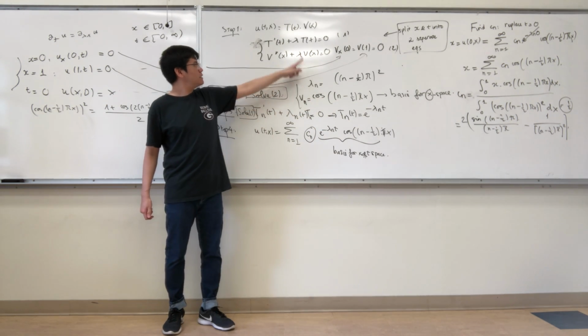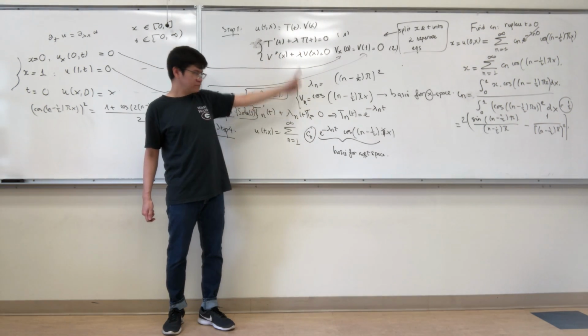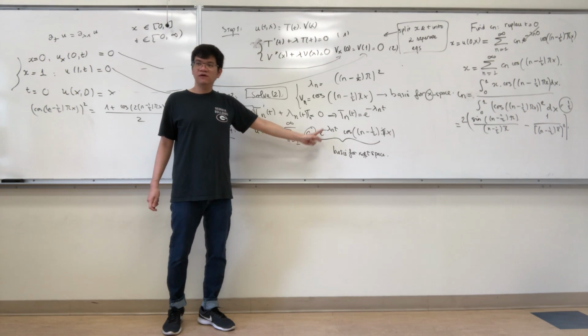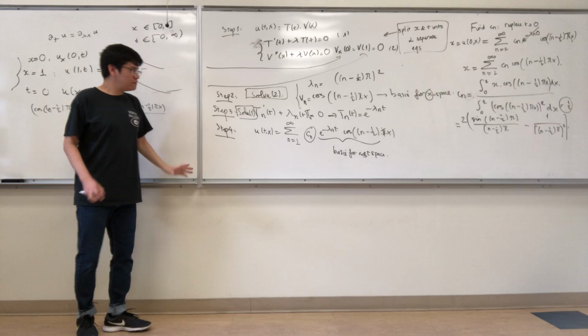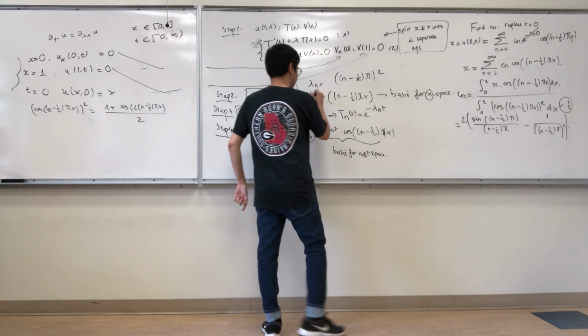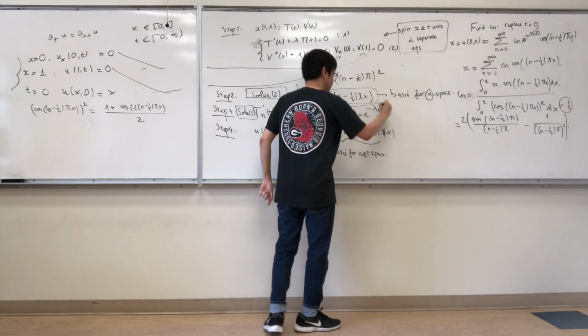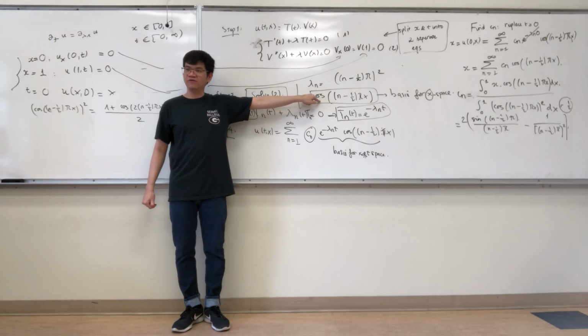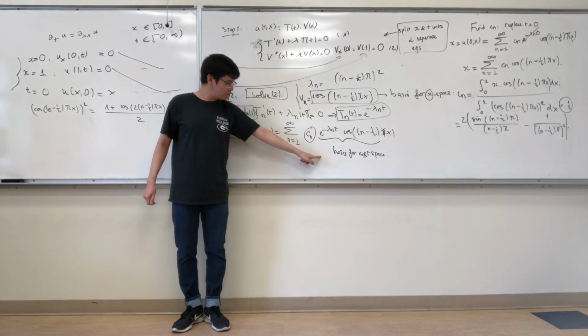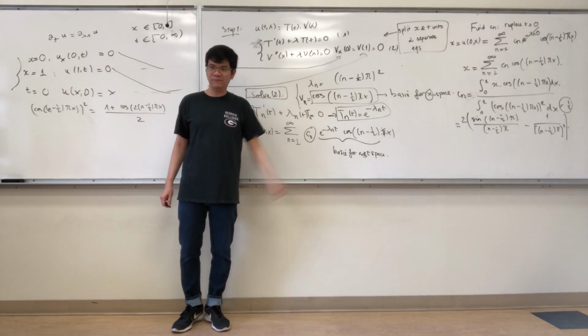You plug lambda n back into the equation, so you have the solution for the equation for t, the first equation. So now you have two solutions. The first one is this guy, and the second one is this guy. You multiply them, so this is the basis for x space, and you find a basis for both x and t space.